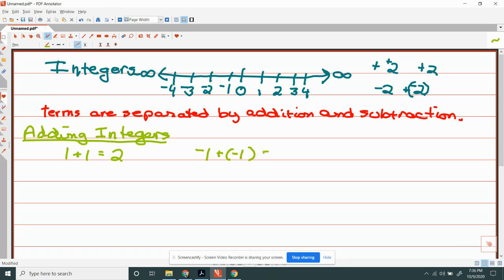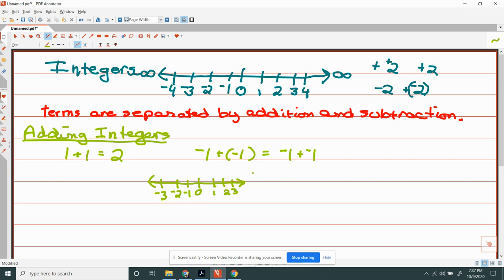Now sometimes you'll see it written like this, negative 1 plus negative 1. When you see that, I want you to think of the number line. Here's our 0. 1, 2, 3. We'll go on the negative side. Negative 1, negative 2, negative 3.